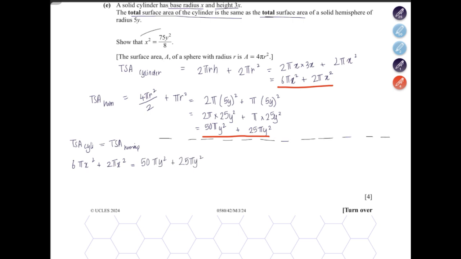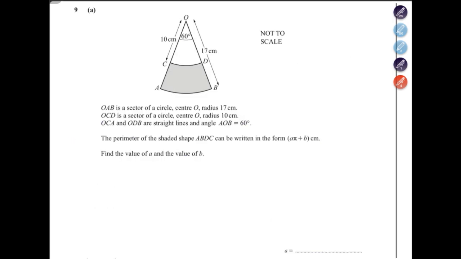Now if you see, they want x on one side, y on the other side, and just simplify as much as possible. So this can be 8 pi x square equals 50 plus 25 is 75 pi y square. X square is going to be, pi and pi get cancelled, and we're almost there: 75 y square divided by 8, and this is the final answer.